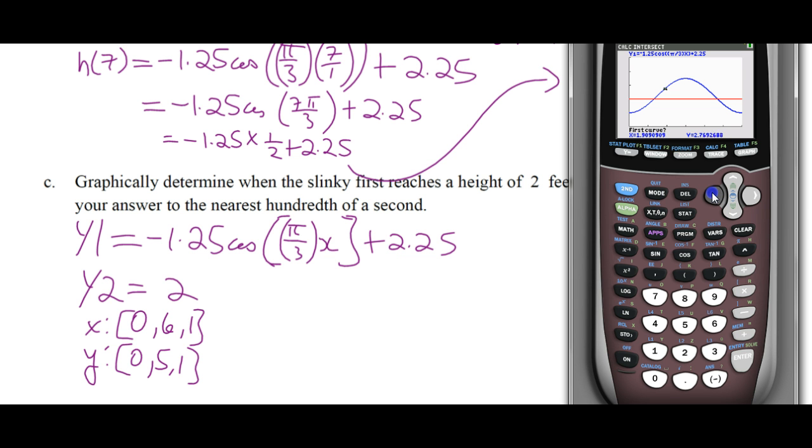And I'll hold for more than 3 seconds. 1, 2, 3. So 1.3, what is that? 1 point, is that a 0 or? 1.31. Okay, I can see.